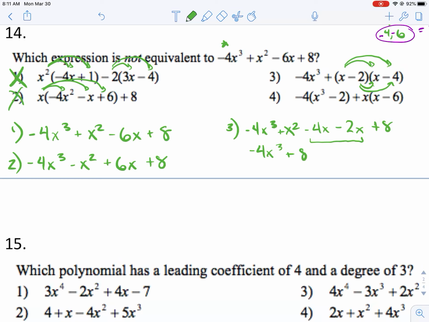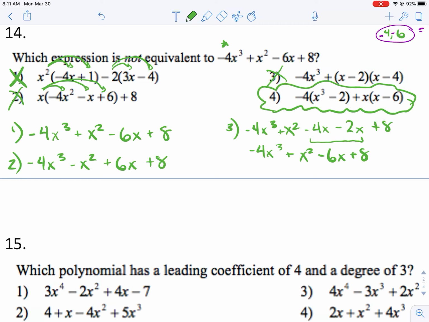And you combine like terms here. You get negative 4x cubed plus x squared minus 6x plus 8, which again is exactly what we have up top there. So that one's out. So it has to be 4. Right? And 4 is the answer.